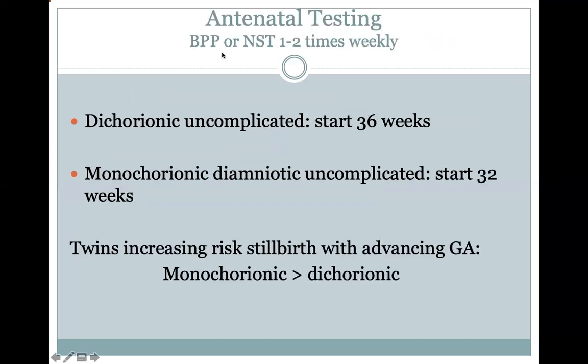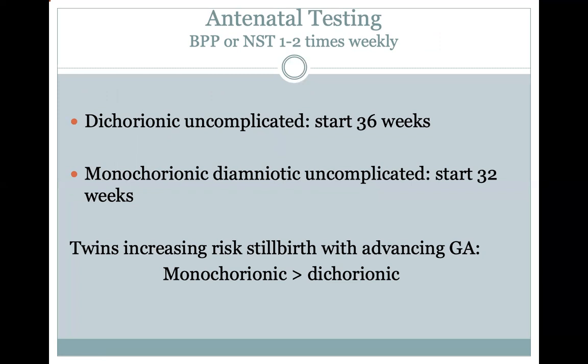So there's a lot of debate over antenatal testing with twin pregnancies. ACOG recommends that we start testing in dichorionic uncomplicated pregnancies at 36 weeks. Many people and many other groups suggest 34 weeks. I think you just have to have a plan in place.